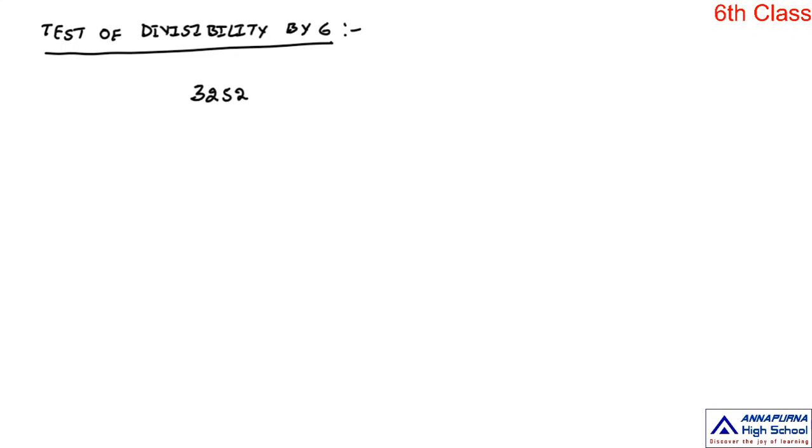We observe whether the units place has 0, 2, 4, 6 or 8, then that number is divisible by 2. Now, what is the units place in this number? 2. The units place, or last digit, in the given number is 2. The given number is divisible by 2.